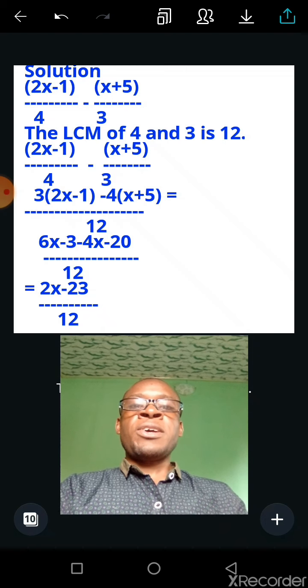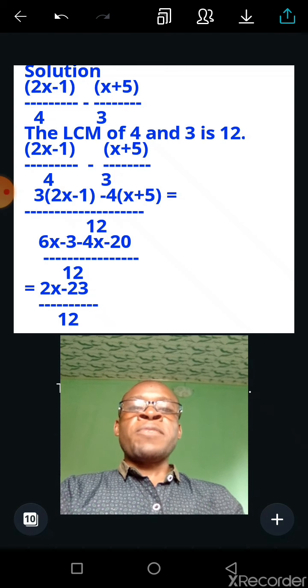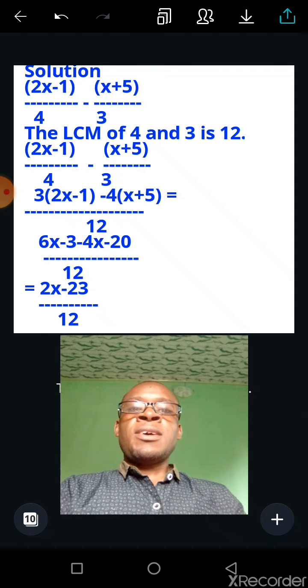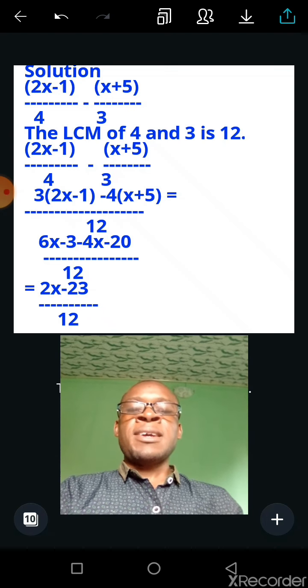Then we have (2x minus 1) all over 4 minus (x plus 5) all over 3 equals, because if you have 4 divide 12, what you have is 3. So 3 will be multiplying the numerator. That's why we place 3 at the back of 2x minus 1.